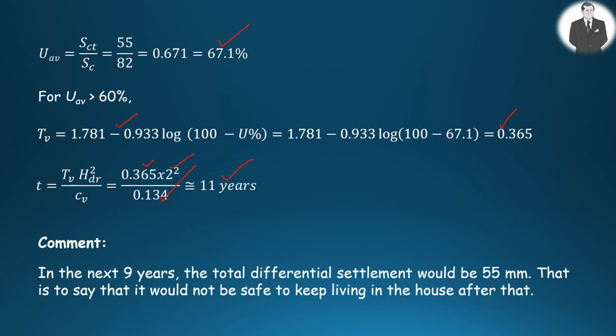This means that in the next 9 years, the total differential settlement would be 55 millimeter, and it would not be safe to continue living in the house thereafter.